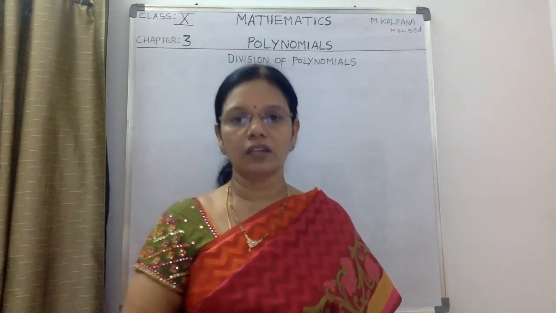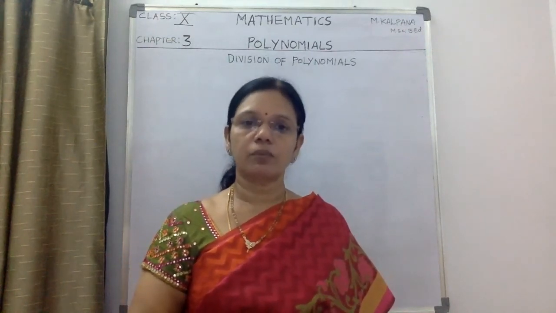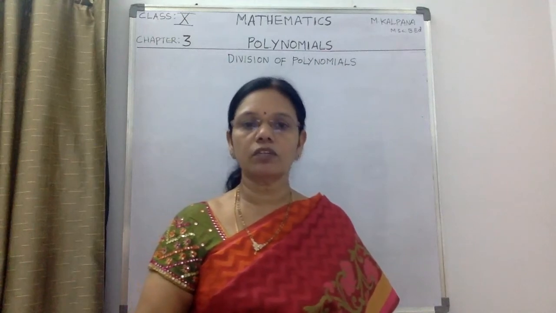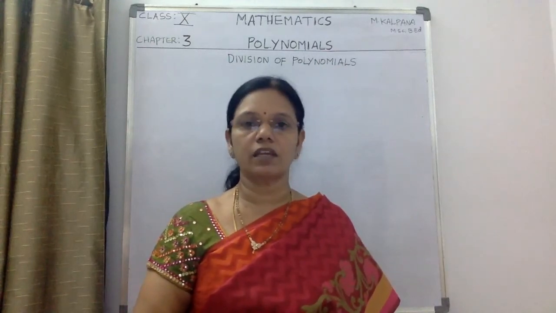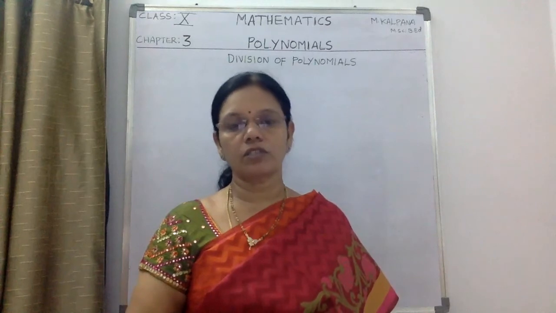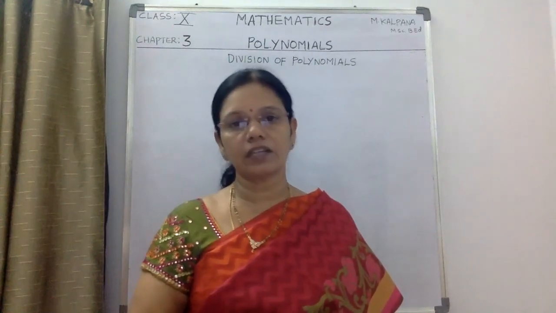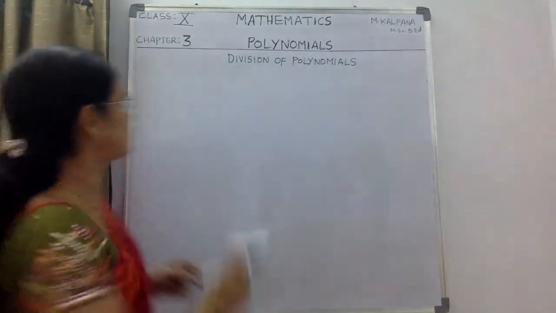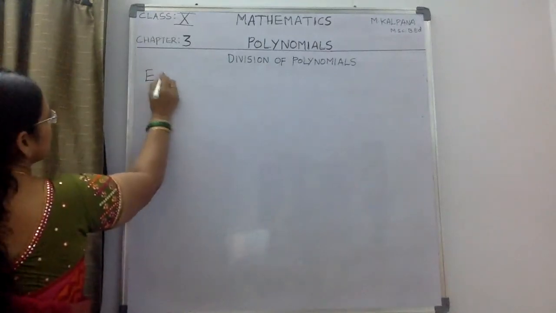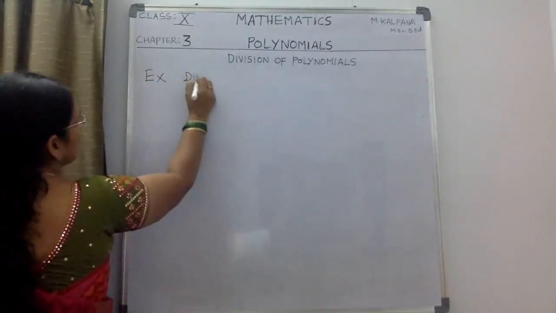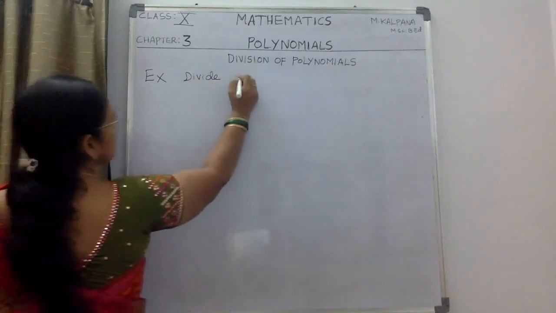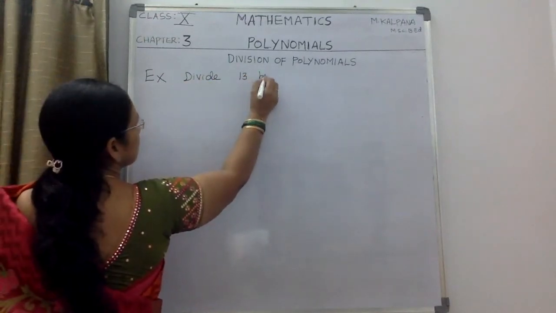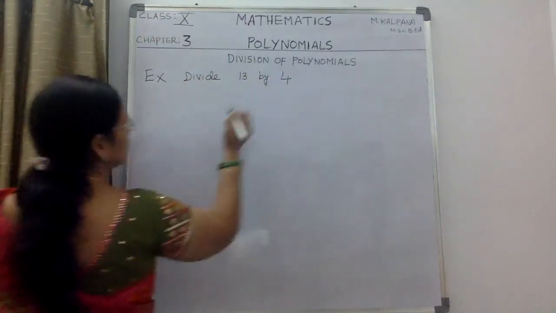Okay, let us start the topic. So, division of polynomials. Before going to the division of polynomials, let us take any two positive integers and let us divide. For example, divide 13 by 4.